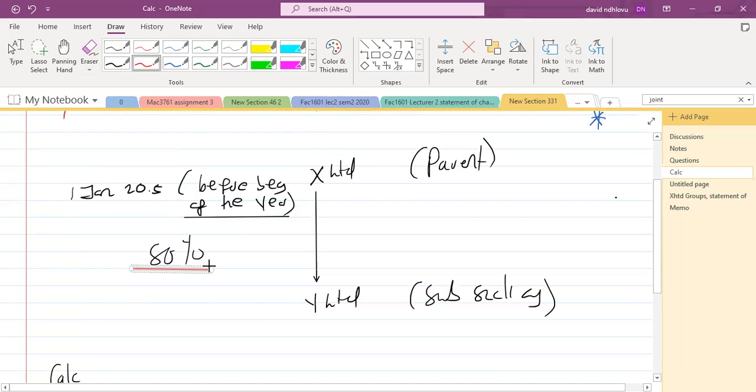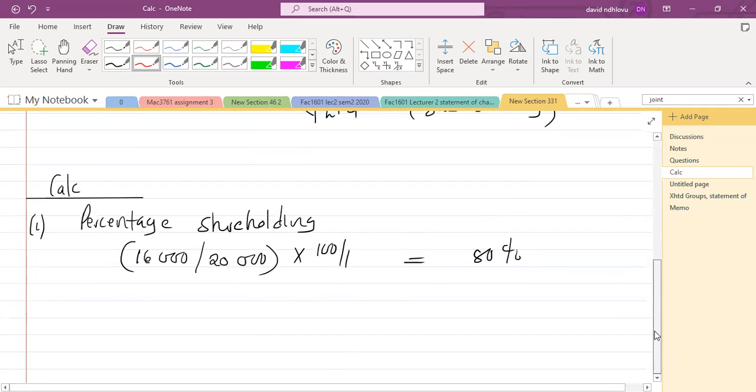They have more than 51% of the shareholding in the subsidiary. If control is determined by the number of shares, the parent does have control over the subsidiary, because in terms of decision making, they can outvote everyone. So that's the analysis that I'll make, and my first calculation will be to determine the percentage shareholding by the parent.